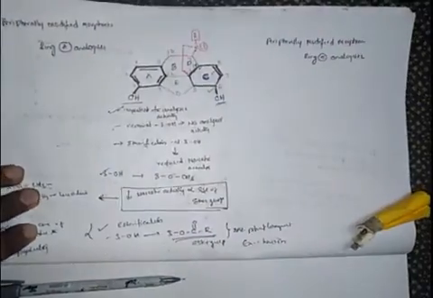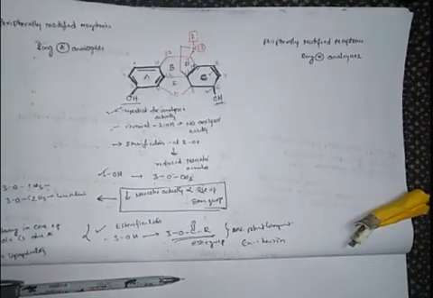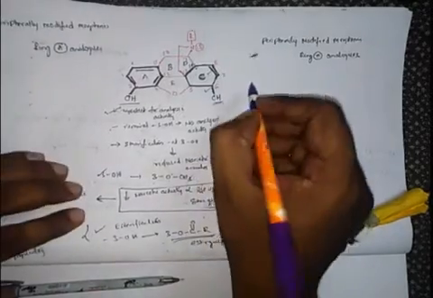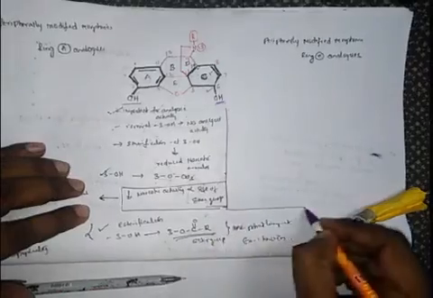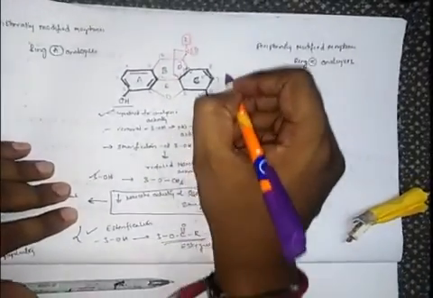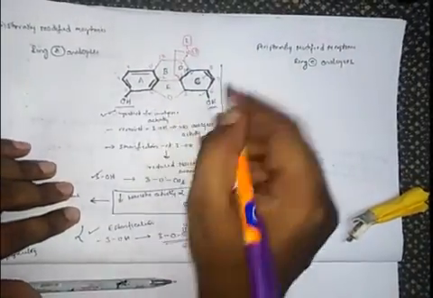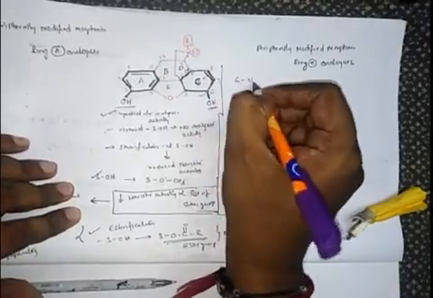So what are the possible modifications at the 6th position? First we will discuss the possible modifications at the 6th position, the 6 OH modifications.